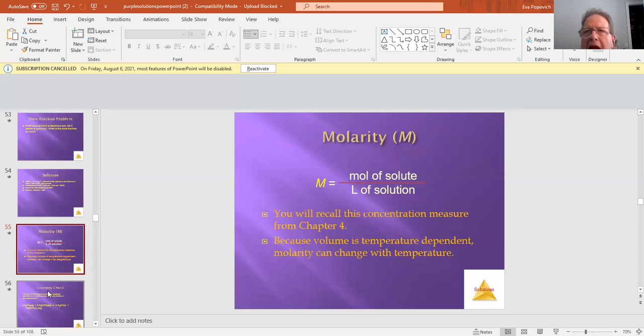If you heat water up, it becomes less dense. Therefore, if there's temperature anywhere in the problem, you cannot use molarity, because if you change the temperature, you are changing the concentration.